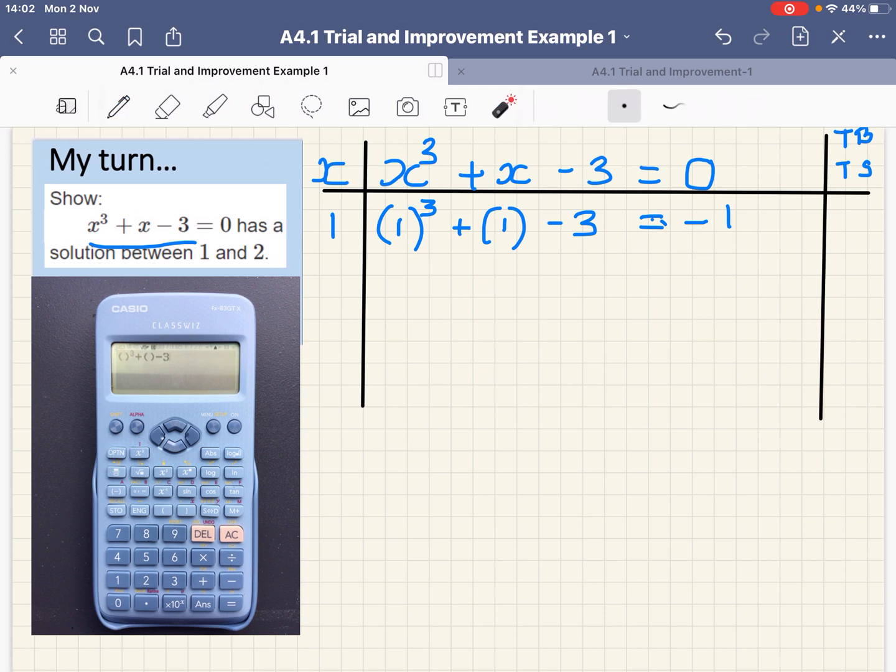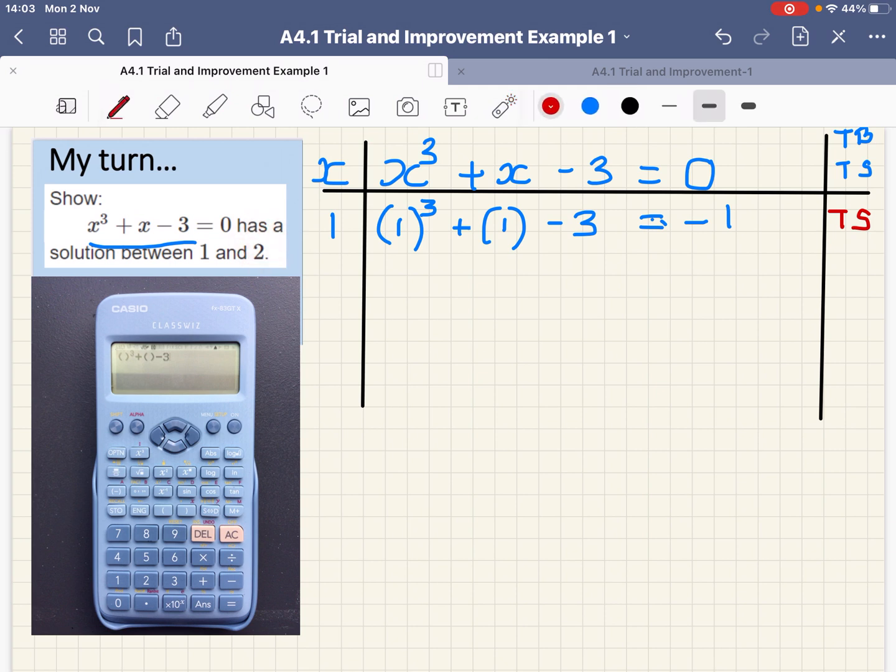Now, if we compare our minus 1 that we get by substituting 1 into the equation to the 0 we're hoping to get, we'll find that our answer is in fact too small. So 1 gives us an answer that is too small. So we're going to try 2 next.